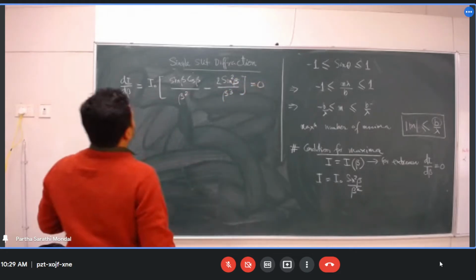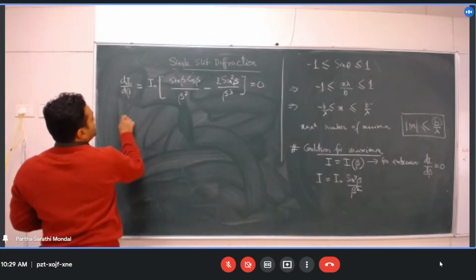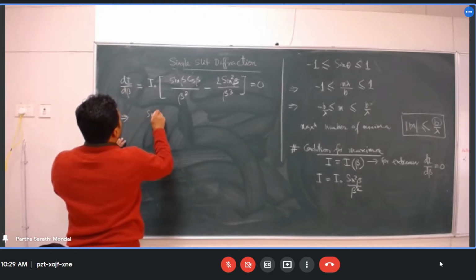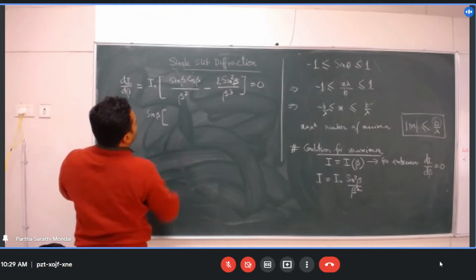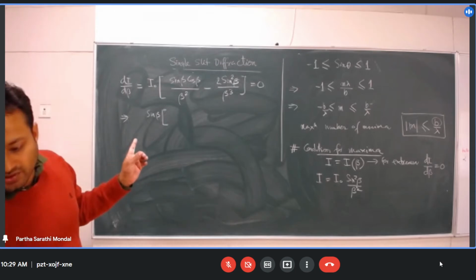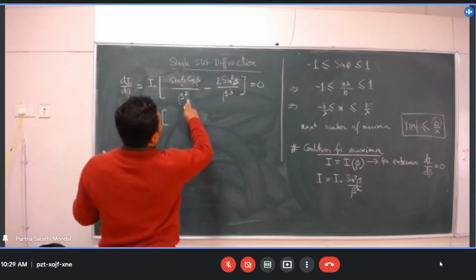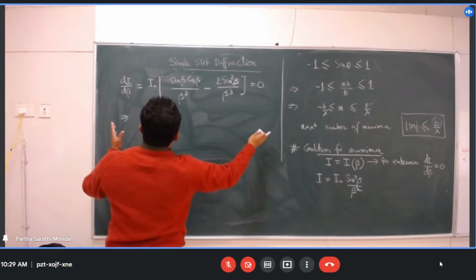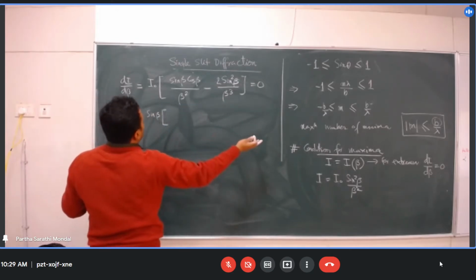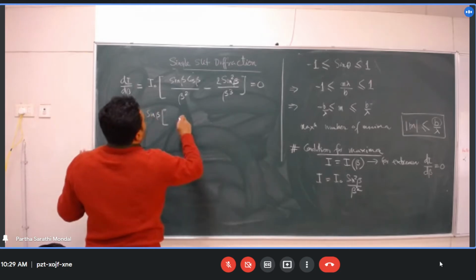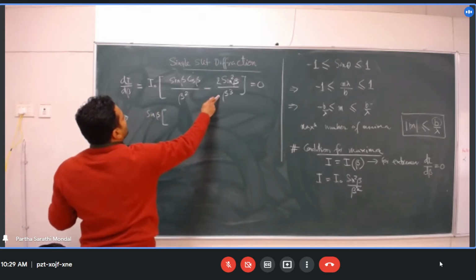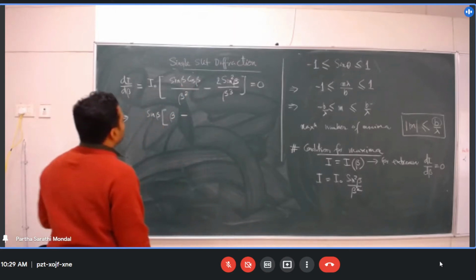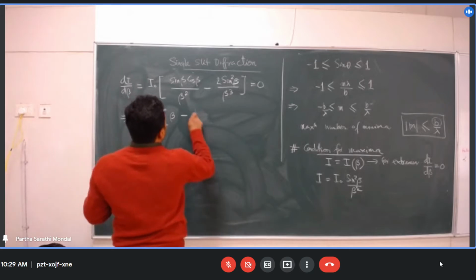Now you can take out sine beta. Beta can be 0, so no problem in that. If you take common beta cube also, you will get beta, and cos beta, if you take common, then you will get tan beta.